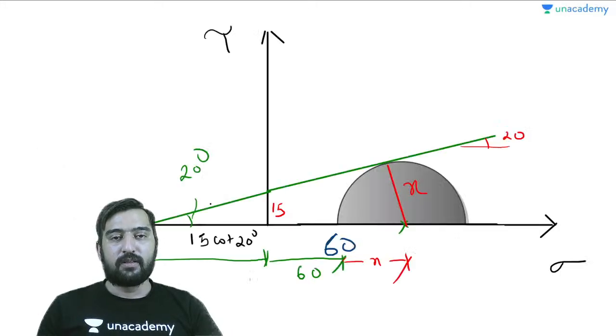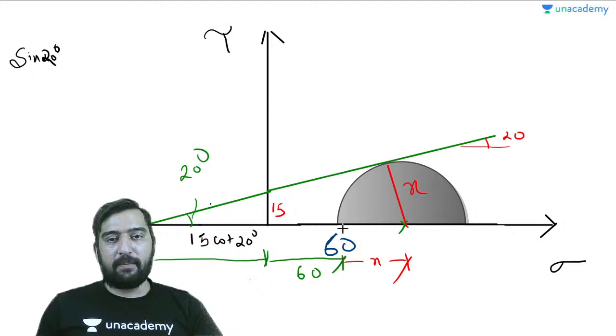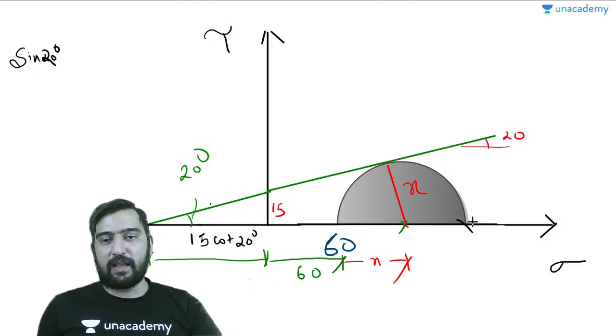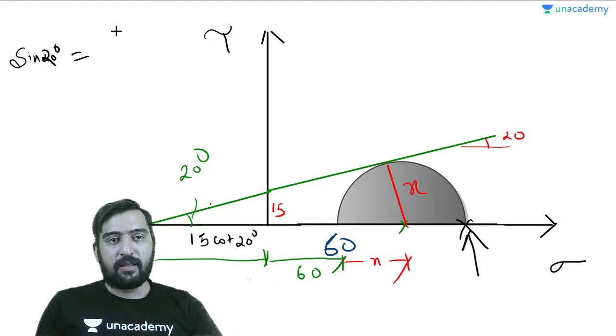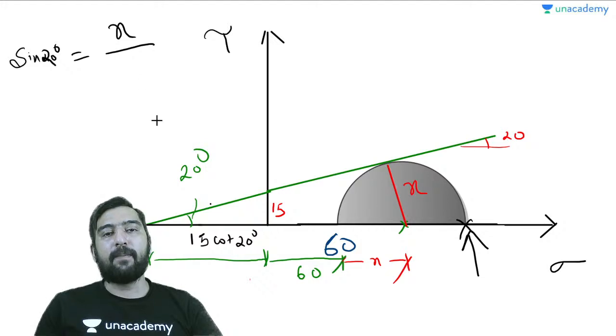106. Okay. So now my dear friend, what can I do here? Sine 20. First of all, remember I have to find 60 plus 2x because they are asking me this value. Okay, I know this is x, this is also x. Now sine 20 is perpendicular upon hypotenuse, x over the hypotenuse.